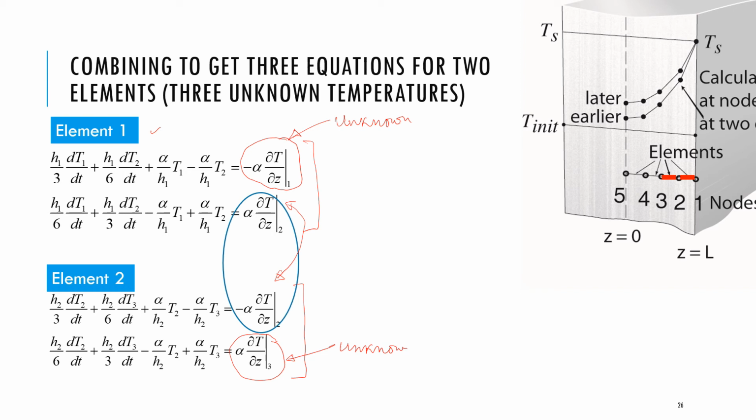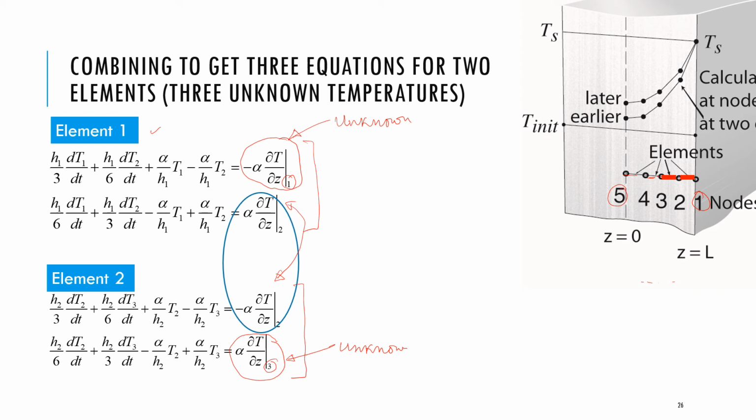You notice they're at node 1 and at node 3 in this case for 2 elements. So it's this end. If we do this for all the elements, then the last one is going to be node 5. Those are the boundaries.